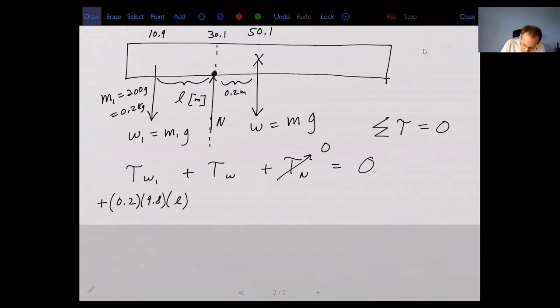And then for the weight of the meter stick, the force is the weight. We don't know M, so I'm just going to leave this as M. G is just 9.8. And then what is the moment arm? Well, by design, it's this distance, which we set to be 0.2 meters. So this is just 0.2. And is that torque positive or negative?